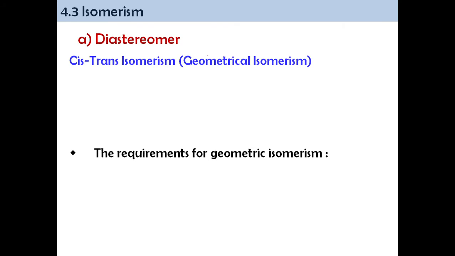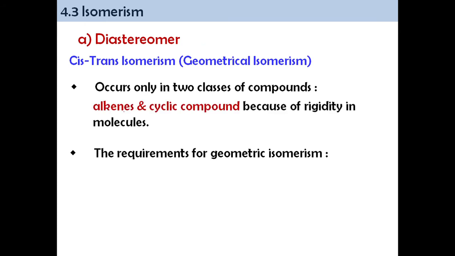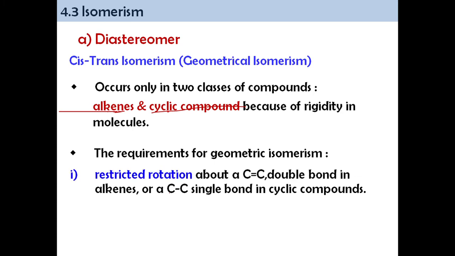Cis-trans isomer or geometrical isomerism occurs only in two classes of compounds which are alkene and cyclic compound. Okay, so the requirement for geometrical isomer, the first one, restricted rotation about a C double bond C in alkenes or C single bond C in cyclic compound.